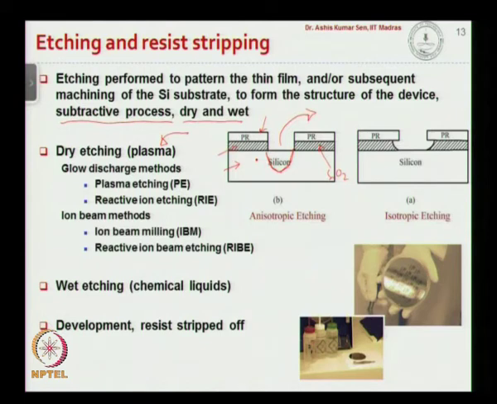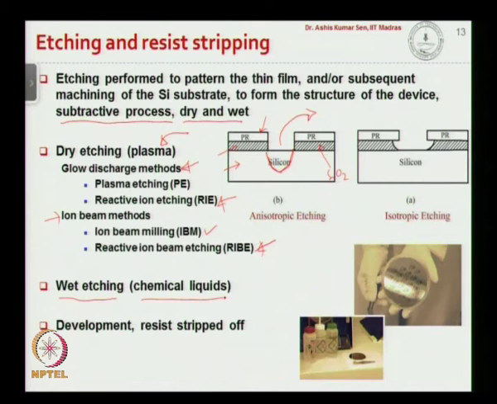They are mainly categorized as the glow discharge method, which is plasma etching or reactive ion etching, and the second one is ion beam methods, which is ion beam milling. So energetic ions collide with the surface to remove the material, and we also have reactive ion beam etching. Then we would have wet etching, which is mostly based on chemical liquids that are used for etching.